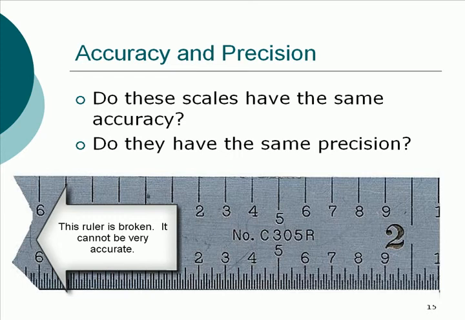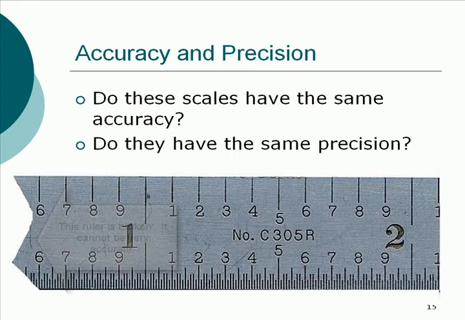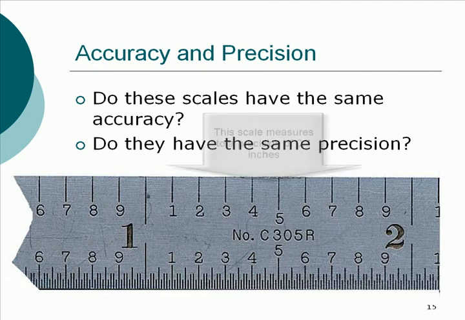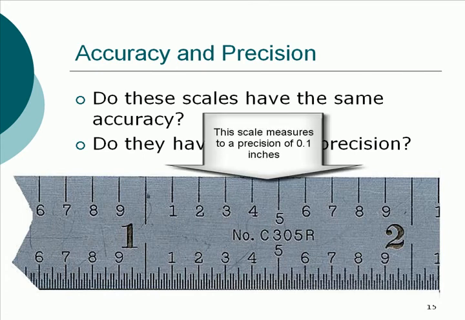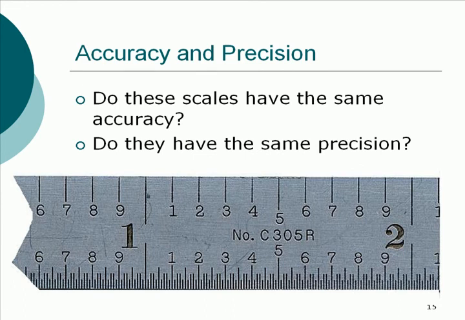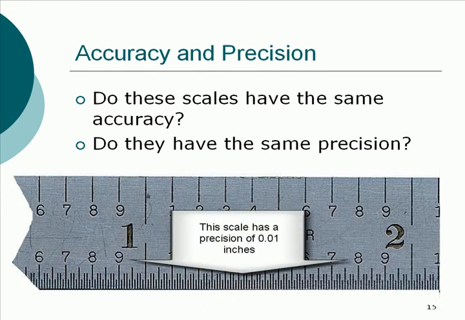But will the upper and lower scale have the same precision? If you look at the top scale here, the inches are broken into tenths. Therefore, they have a precision of 1/10. The bottom scale has a precision of hundredths.